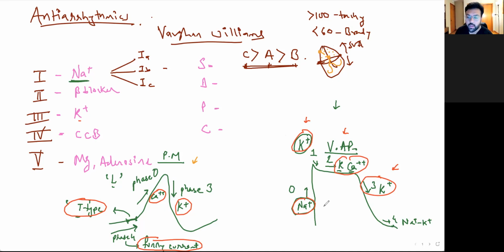Remember, if you block those sodium channels, no doubt the SA node is firing, but it will not allow sodium influx in the respective cardiomyocytes, in all the other atrial and ventricular cardiomyocytes. So what should happen to the slope of phase 0? This is the initial slope of phase 0 of the ventricular action potential. Should it go towards the left or towards the right?